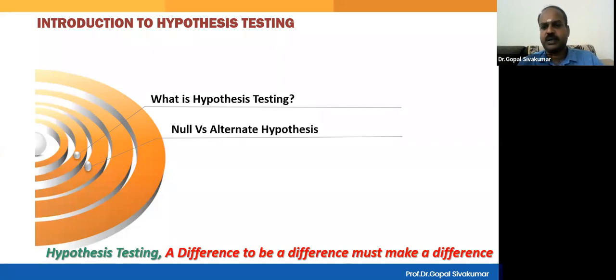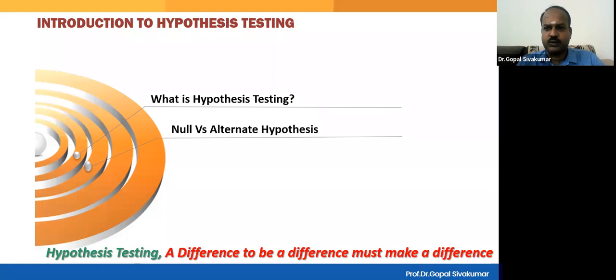So first of all, hypothesis testing is a decision-making procedure in which a claim about a difference, the difference could be in the material characteristics or in performance, right? A claim about a difference will be tested for its trueness.